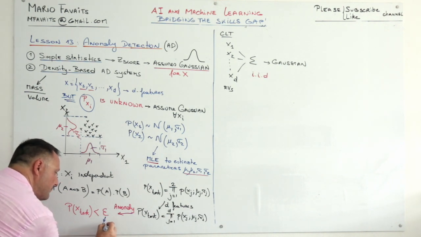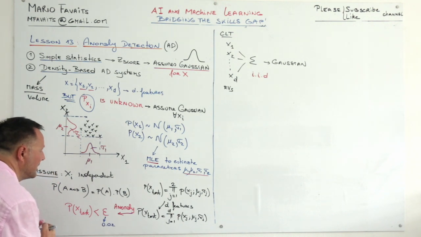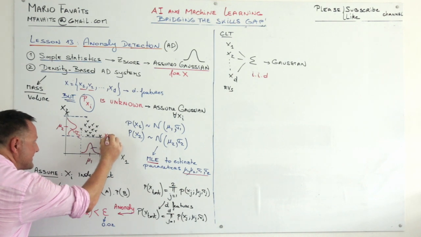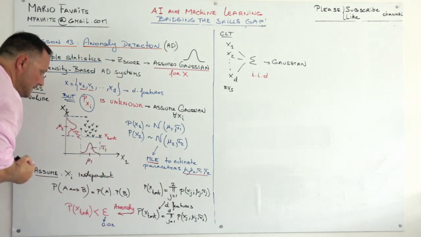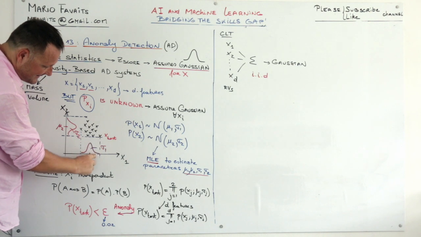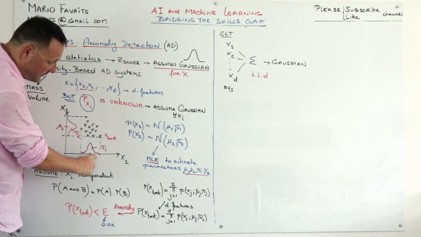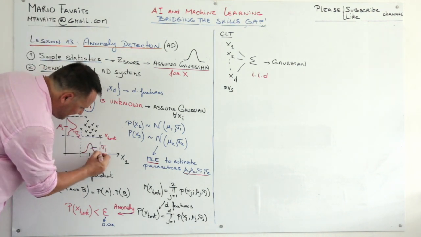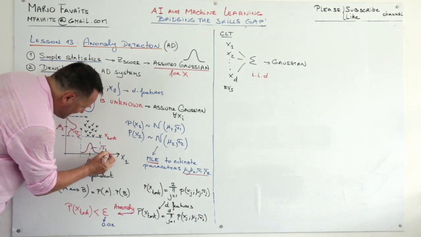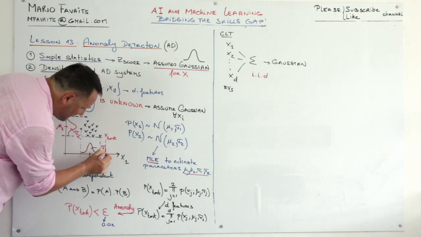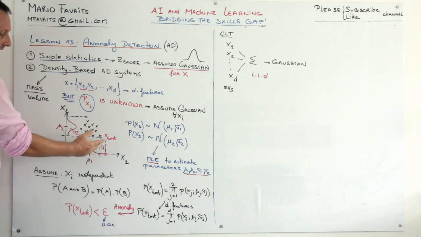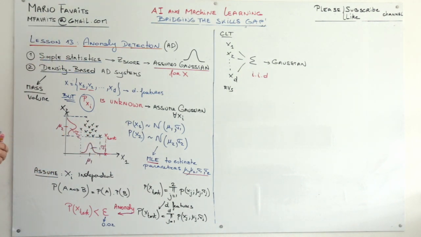This could be 0.02, for example. If your x test is here, the chance of seeing x test for this distribution is very low, because here it goes near 0. So if I draw this here, this is going to be very low and is likely to be an outlier. So this is basically how density-based systems work. And there are many variants of these.